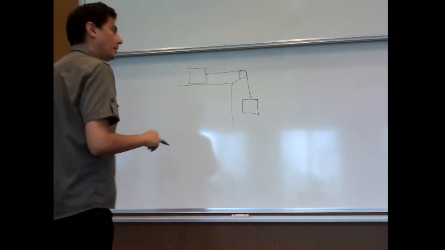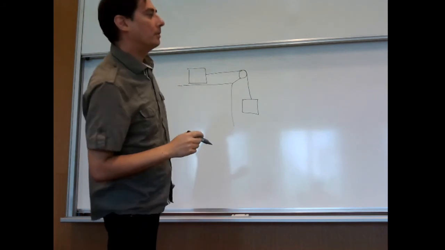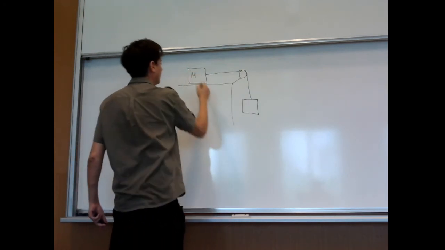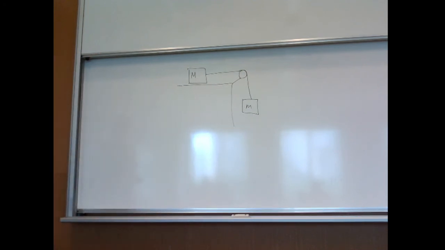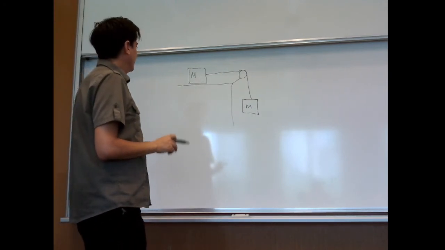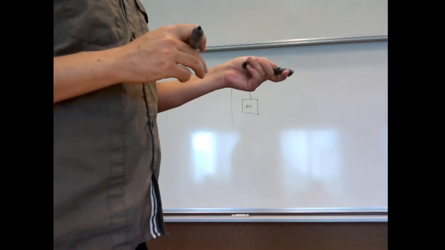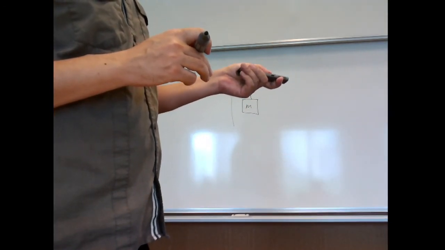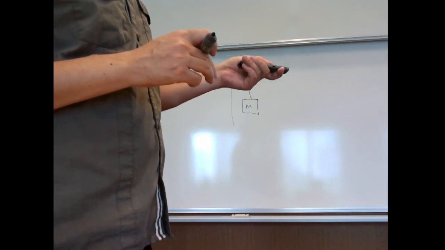Okay, so this one is big M. This one is little m. Now in these questions, they've drawn these two forces here. This is the gravitational force down, and this is the normal force up.